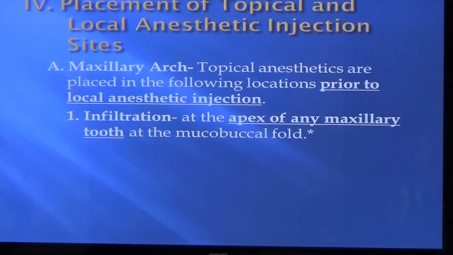So if I'm just working on one tooth, say tooth number 5, I can just put my needle right next to it, squirt some numbing medicine, and it's going to penetrate the bone and numb it up. On the bottom, it doesn't work as well because the bone is dense, and you can go right outside the bone, but you're not going to get strong enough anesthesia. So on the maxillary, we can infiltrate, which means just flood the area.